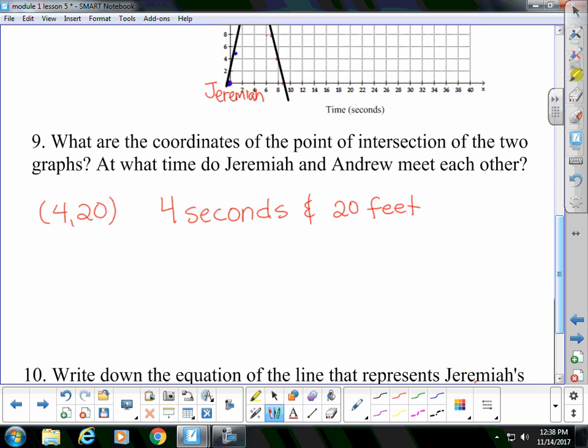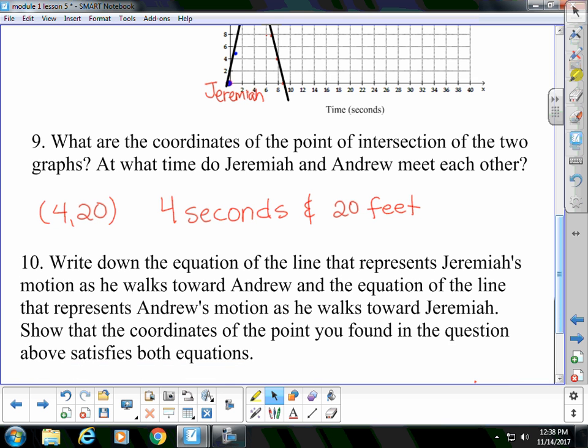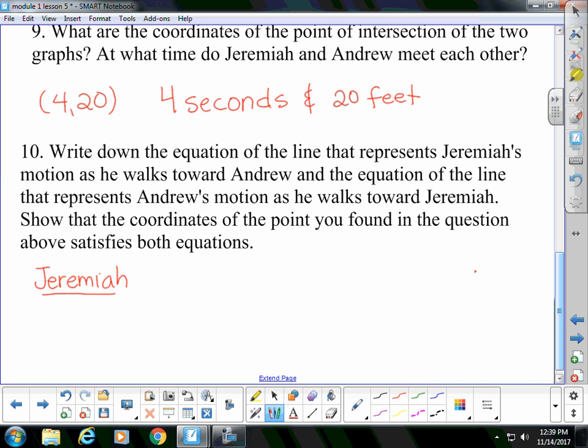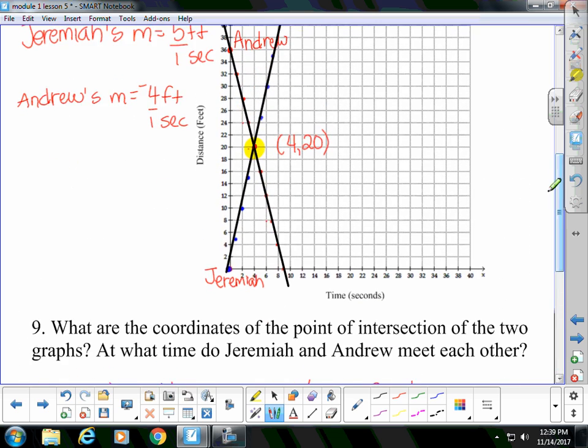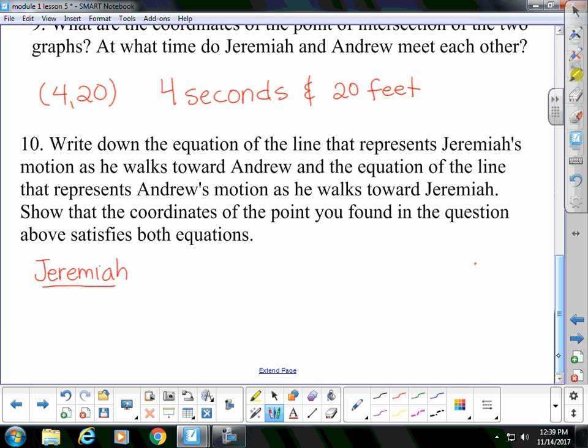Okay, next question is writing the equations, and then verifying that they really work for that point, which will tell me whether I wrote the equations correctly or not. So Jeremiah's equation: he started at the bottom of the graph, so he has the positive slope, and his rate was 5, so his equation is going to be y equals 5x.